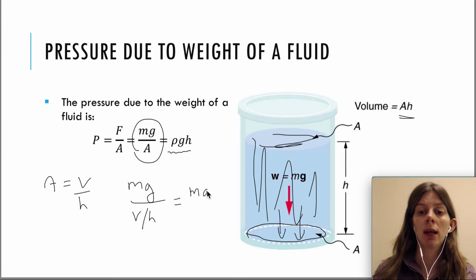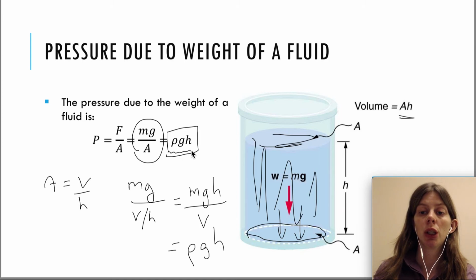You're going to get mgh over V. And hopefully you recognize that mass over volume that we've been talking about is density. So that's how we got rho gh. You're not going to have to derive it, but when you see this term rho gh, what you want to think is, okay, rho gh is the pressure due to the weight of some kind of liquid that is pressing down on that area. So it's giving you that pressure at the bottom of that liquid.